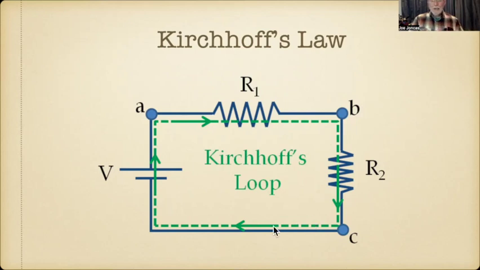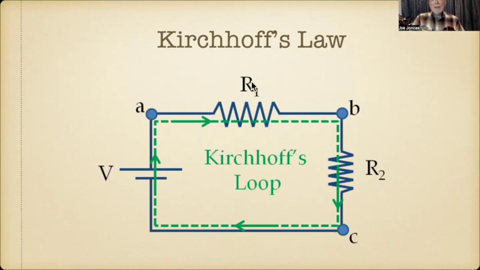Conventional. Or if we wanted to, we could talk about the electrons down here, and then they would be going this direction. But notice we have a closed circuit. The current is the same in every single spot in this closed circuit. As long as everything's in series, the current is the same.